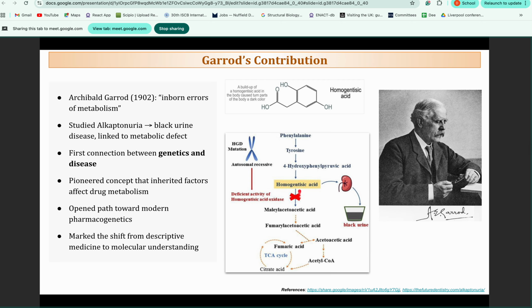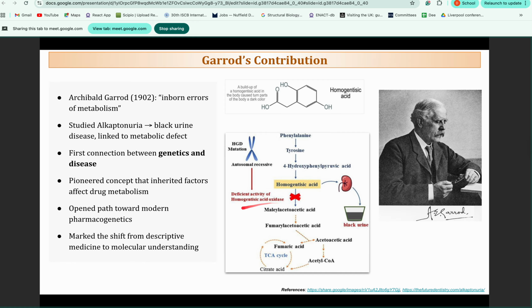The enzyme which is responsible for this conversion is defective, and it has been shown that there is a mutation in the gene, and this mutation is inherited in an autosomal recessive manner. The enzyme responsible for this conversion is homogentisic acid oxidase, which oxidizes homogentisic acid to maleylacetoacetic acid.